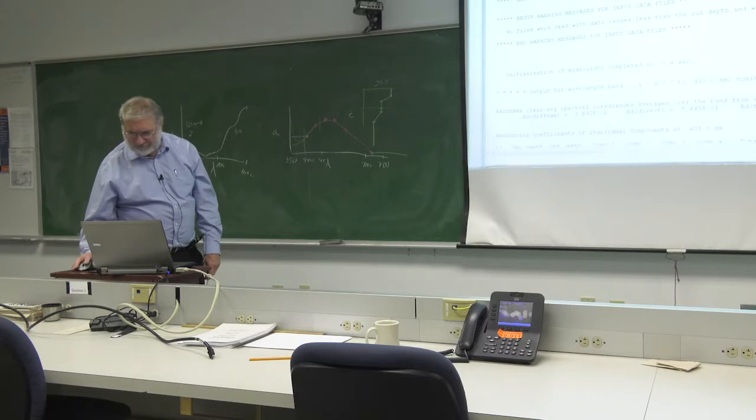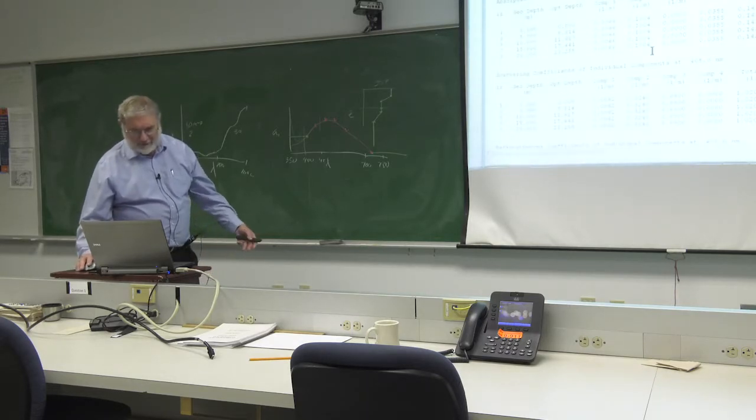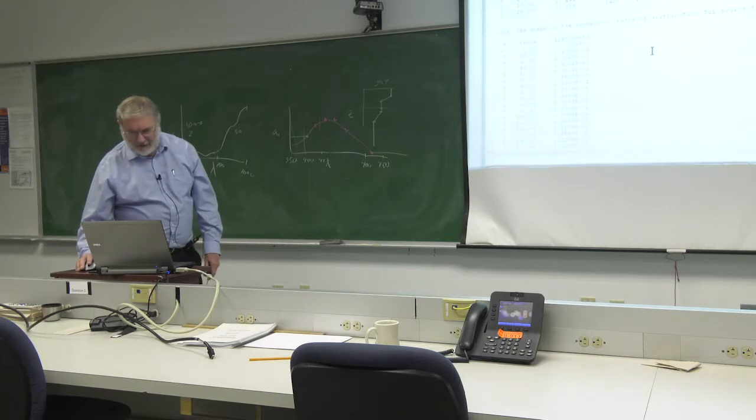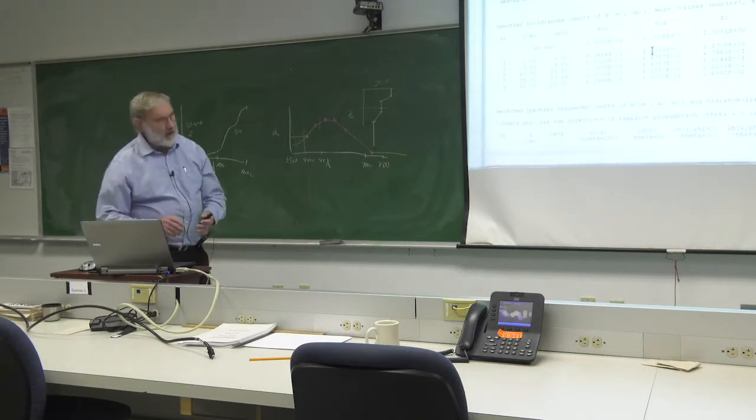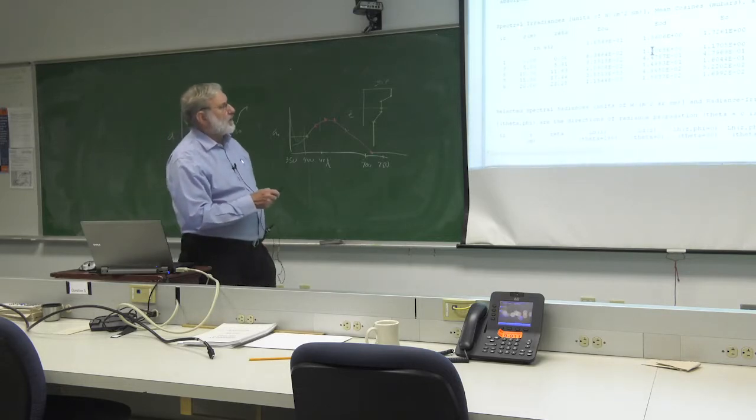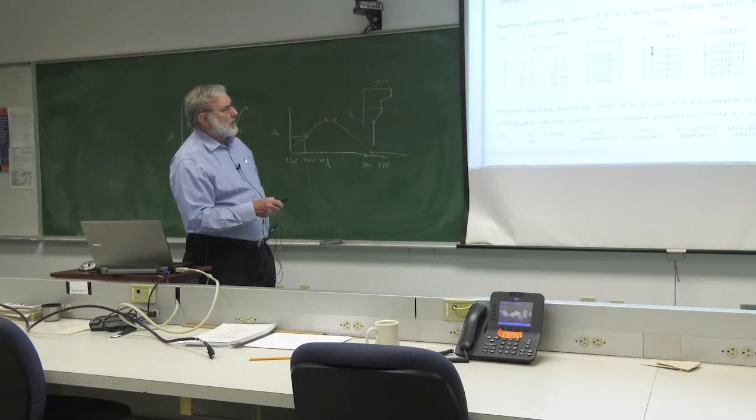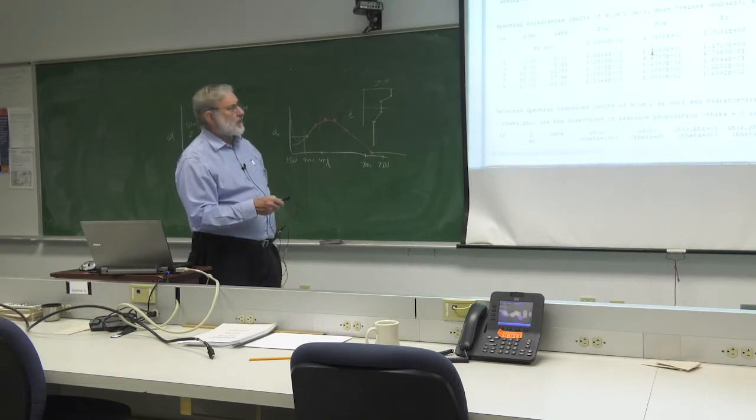Then if we look further down, there's tables of the IOPs and such. And then finally, here we now get to a table where here are the output. It says spectral irradiances, the units. So here's the ED, here's EU, the value in the air, so just above the surface.